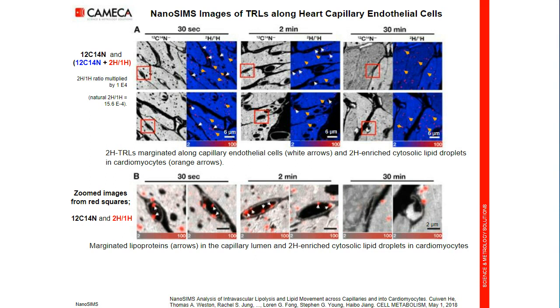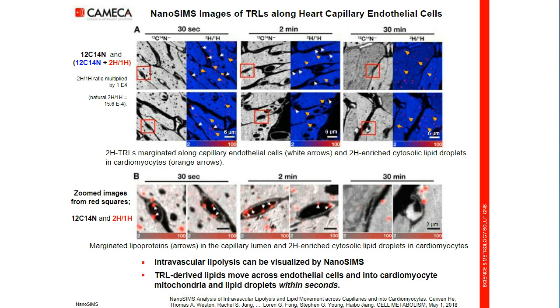Here we can measure the deuterium over hydrogen ratio is up to 5-6 times higher than in the natural ratio. So the two main outputs here: first, intravascular lipolysis can be visualized by NanoSIMS, and second, TRL-derived lipids move across endothelial cells and into cardiomyocytes, mitochondria, and lipid droplets within seconds.